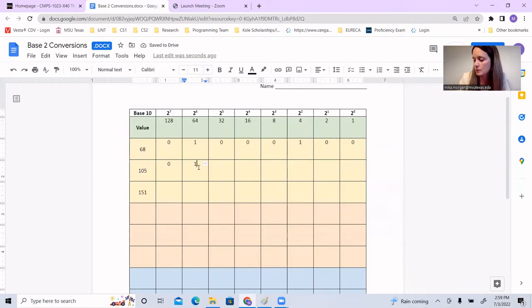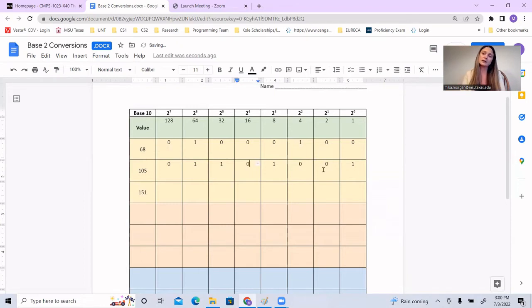So if I say, what is 105 minus 64? I need 41 more. So I do need a 32. 32 plus 8 would give me 40, which means I would only need one more. These are the numbers that I want. I do not need any others, so I can just fill them in with zeros.